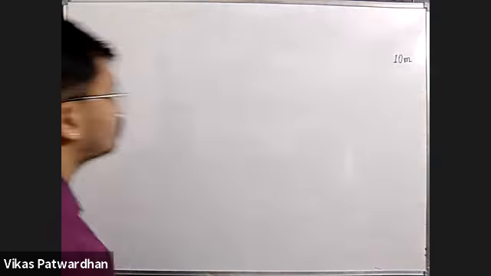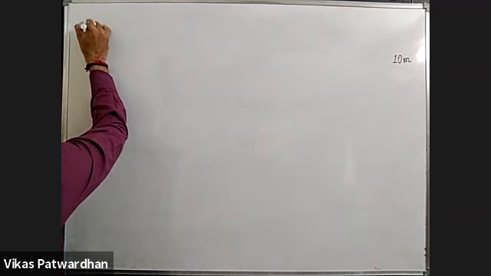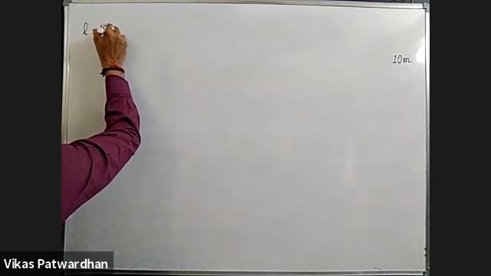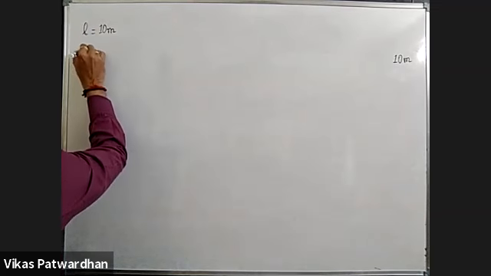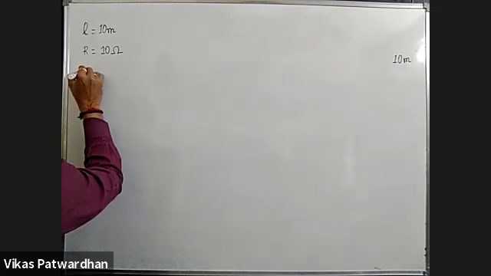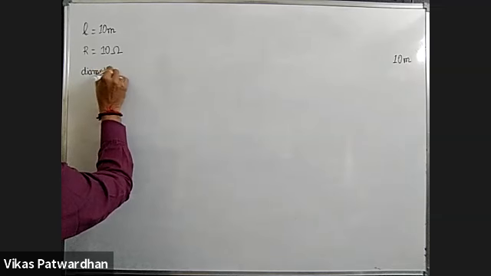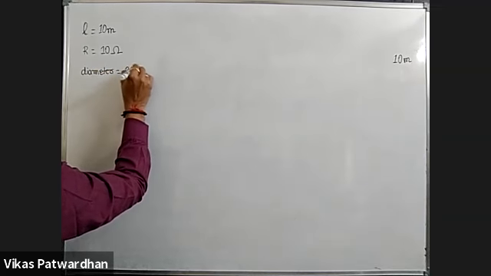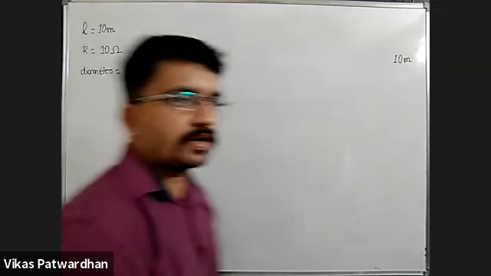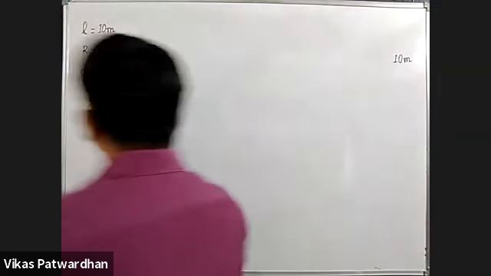Given: length L is 10 meters, resistance is 10 ohm, diameter is 0.5 millimeters.